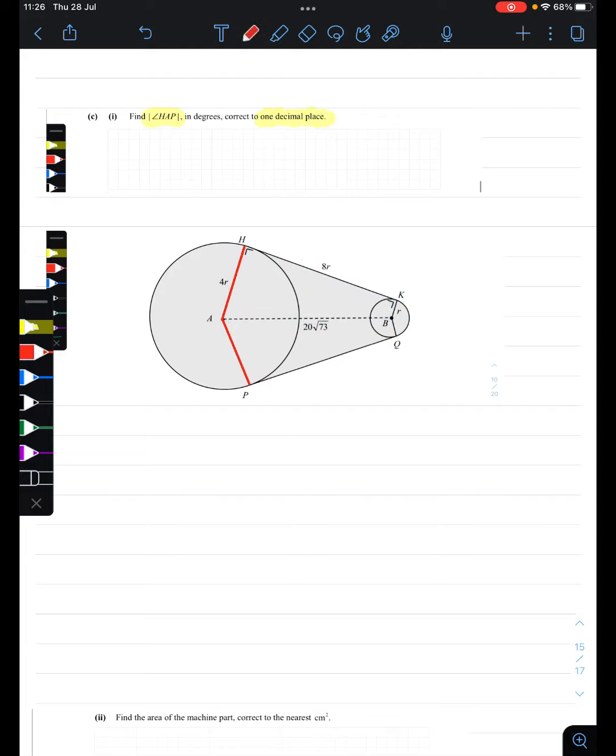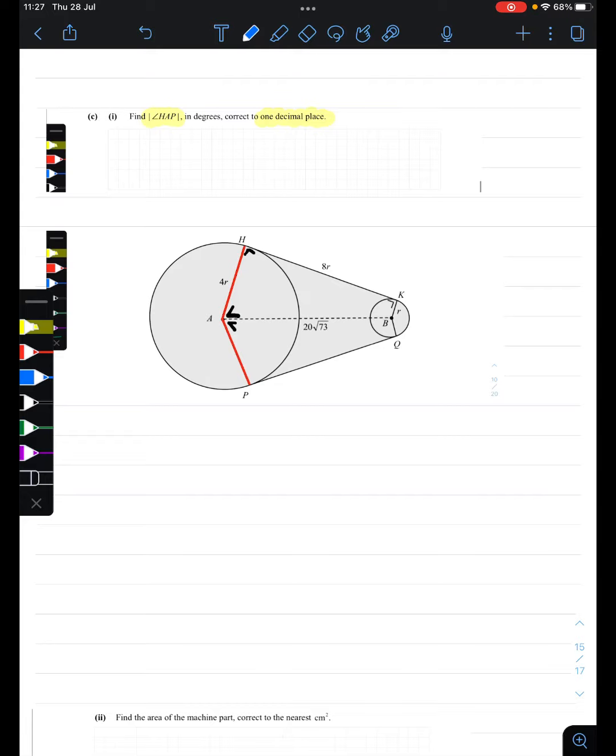And the reason we know this is, well, this angle equals this because it's a tangent. This length equals this because it's both the radius, and this length equals this. So then if they're the same, well then this angle equals this angle.